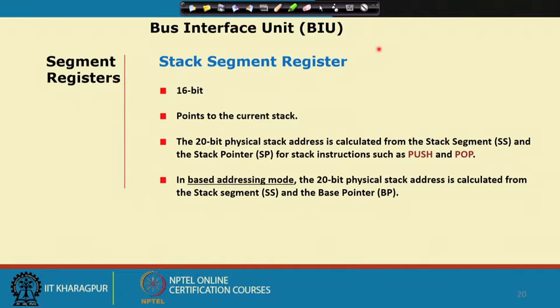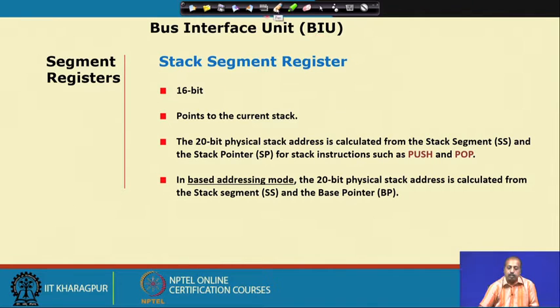Next, we have the stack segment register, which is commonly known as the SS register. This is again a 16 bit register, and it points to the current stack. As you can understand, if I change the SS register content, then it can point to different locations in the memory.